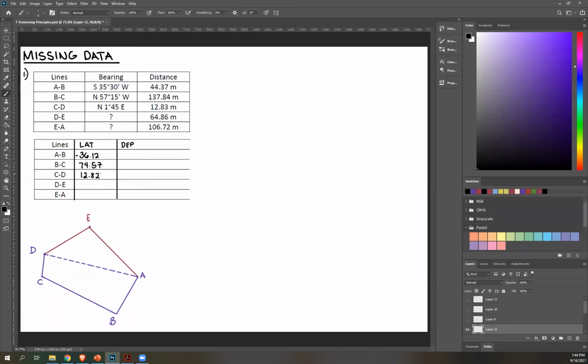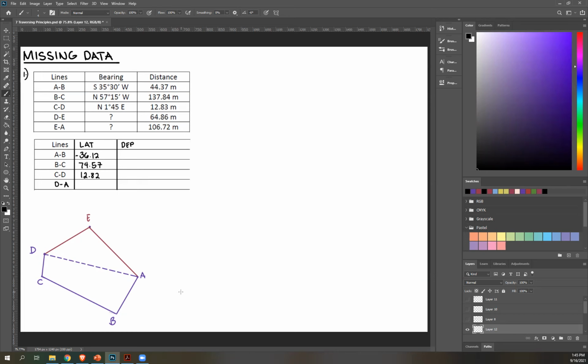Now remember, we're closing the traverse, therefore I'm going to ignore these lines. So I'm going to delete that. And then the last line would be from letter D to letter A. So instead of DE, this is now DA. And remember, we have a rule for closed traverses: in order for it to not have an error, the summation of latitude should equal 0.